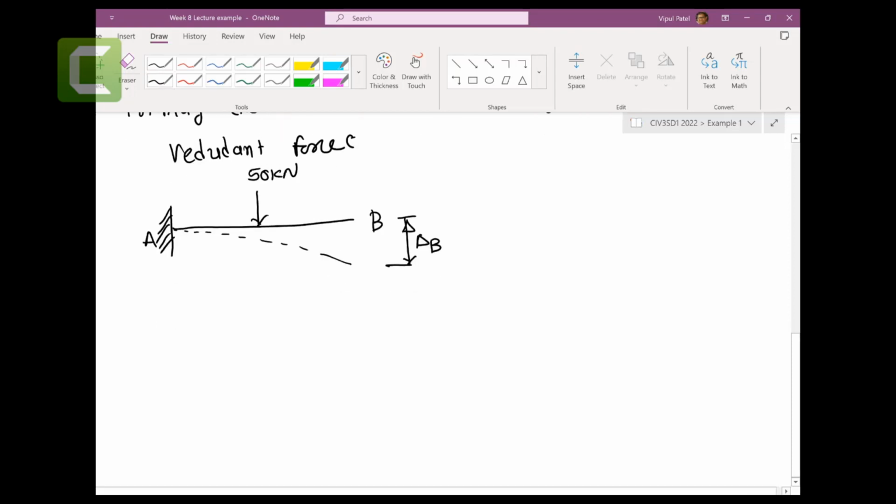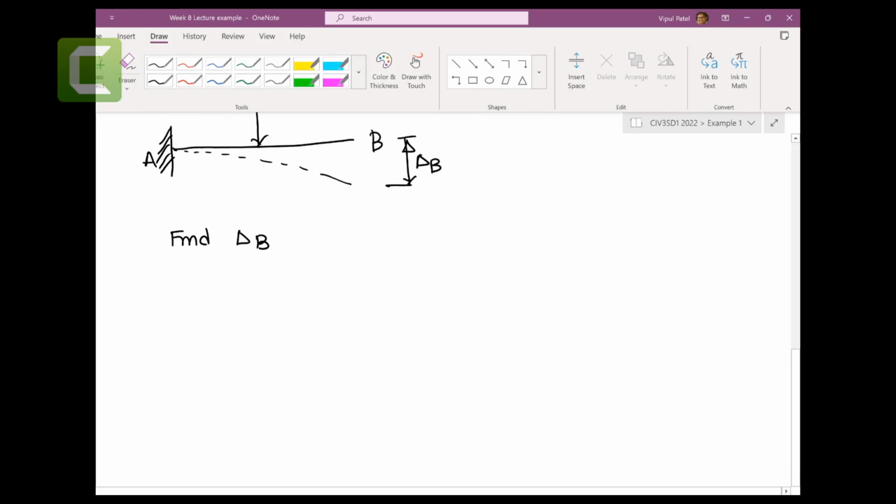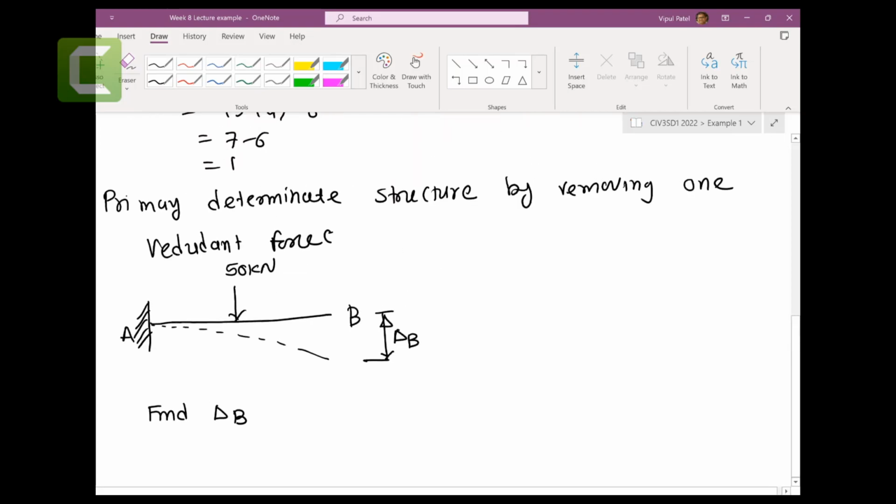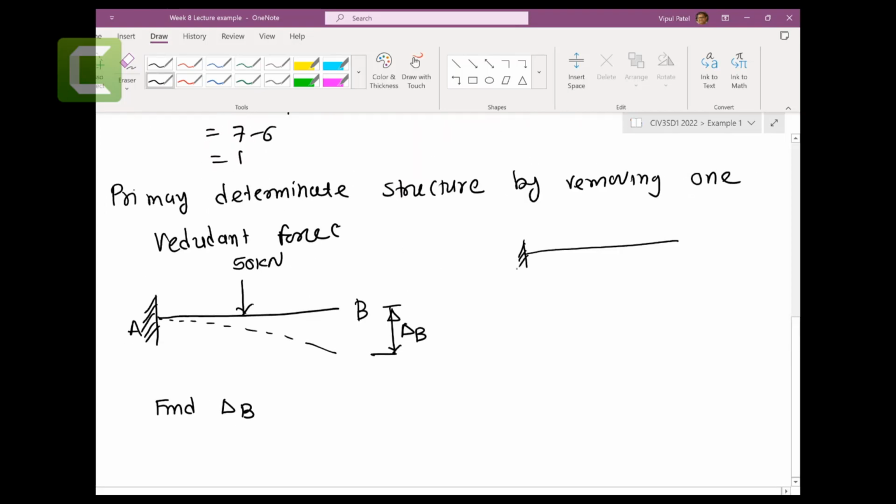Now let's find delta B. How are we going to find it? As I mentioned, your real structure is like this: A and B, and you have 50 kilonewtons, and this is 6 meters and 6 meters.